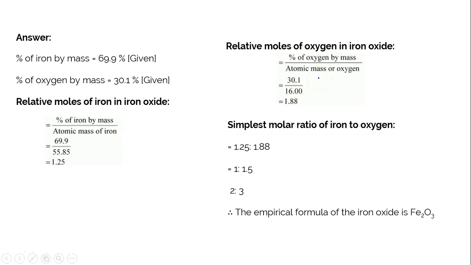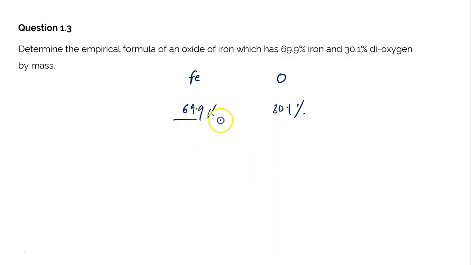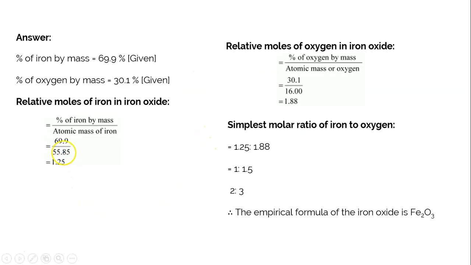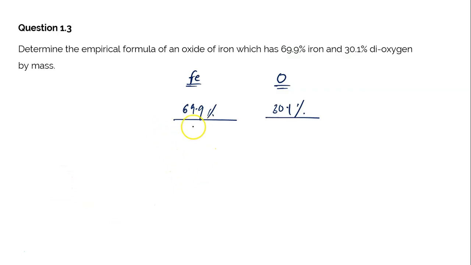In the next step, I'm dividing these mass percentages by the atomic masses of the elements. Iron's atomic mass was how much? It is 55.85, I'm taking it over here. And oxygen's atomic mass is 16, I'm taking 16 over here.